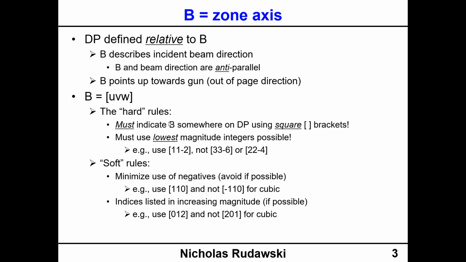Based on these indices, I can then calculate the relative G vector length: H squared plus K squared plus L squared, and then I take the square root of that. So we can see as my indices get bigger, my G vector length gets bigger. We know the zone axis is the 0, 0, 1 family, and we know that based on the point symmetry.